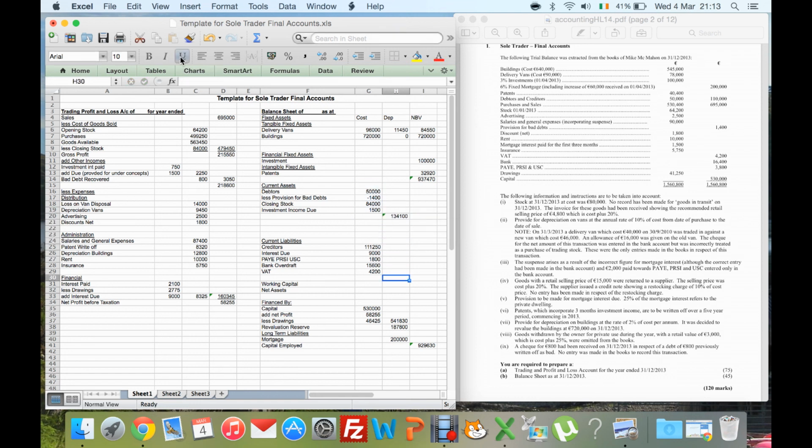Current liabilities. So the working capital is the current assets. Take away the current liabilities, so you end up with a minus figure in this case. And we add the fixed assets and the current assets. And if we've done it right, then these two figures should actually be the same.